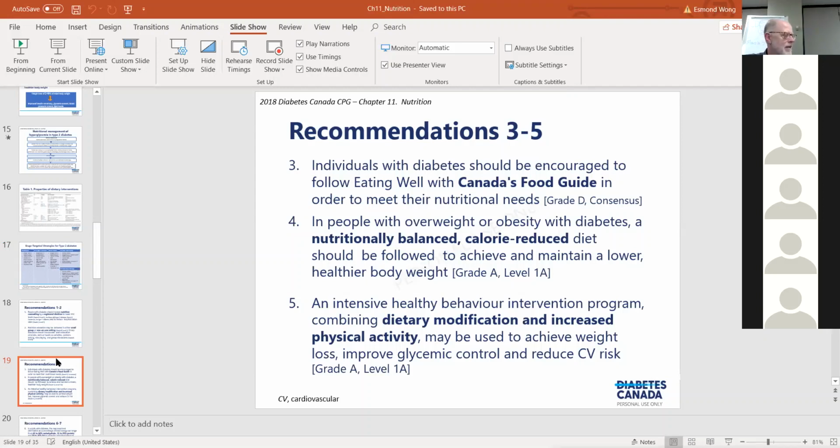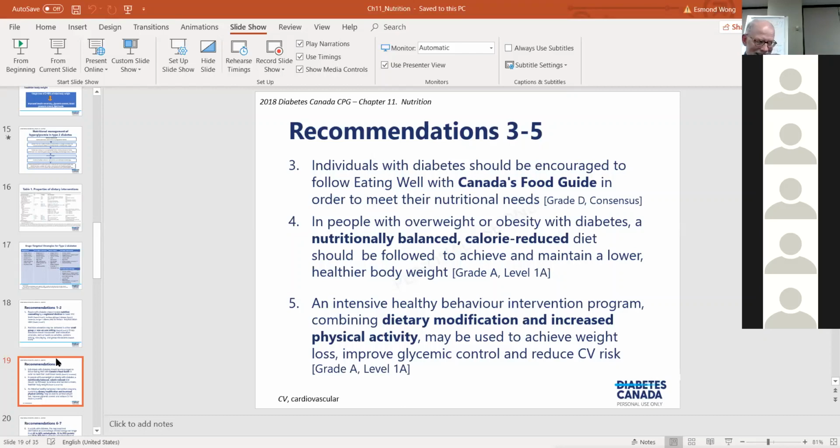Just to confirm, for the insulin ratio, it's not the total daily insulin. It's just the total daily insulin of the bolus. When you're applying that 500 rule, it's the total insulin, basal plus bolus.